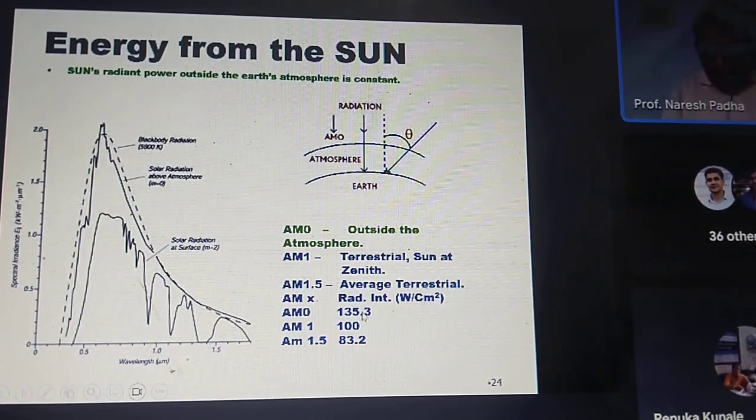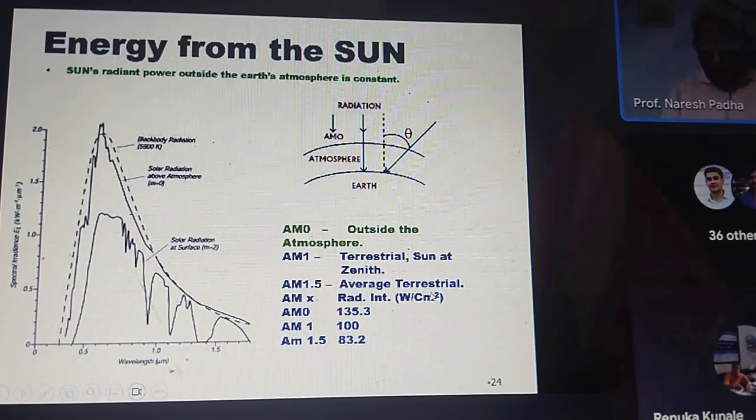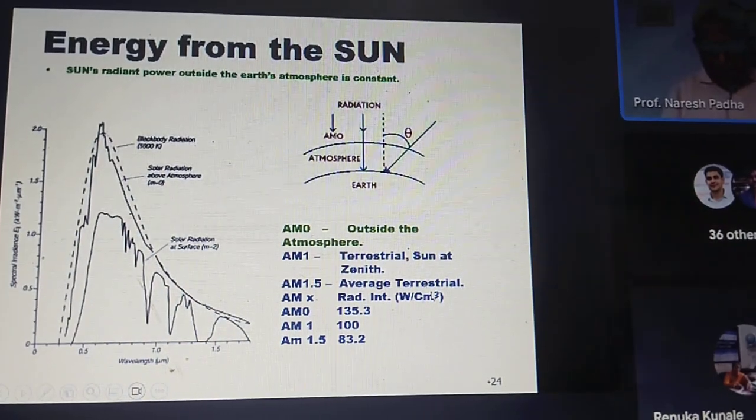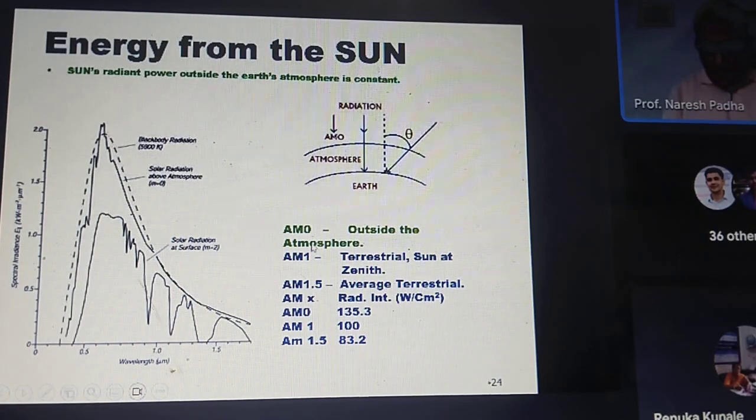And AM1.5, that is not given here. This is the average terrestrial. AM1 is the terrestrial sun at zenith, when the sun is exactly at your top, and whatever energy you obtain is known as the AM1 spectrum.